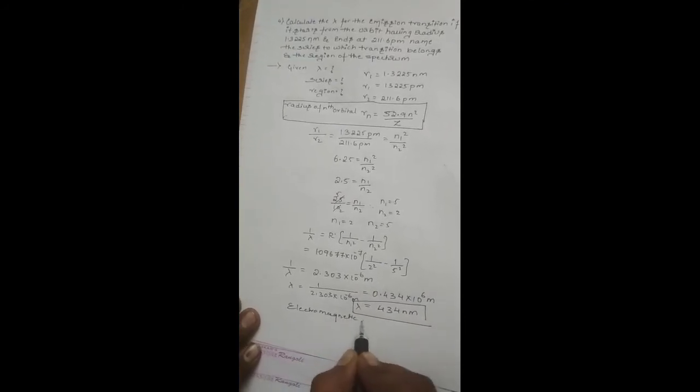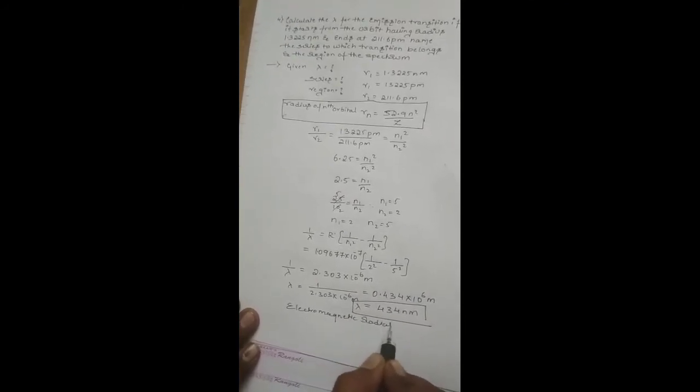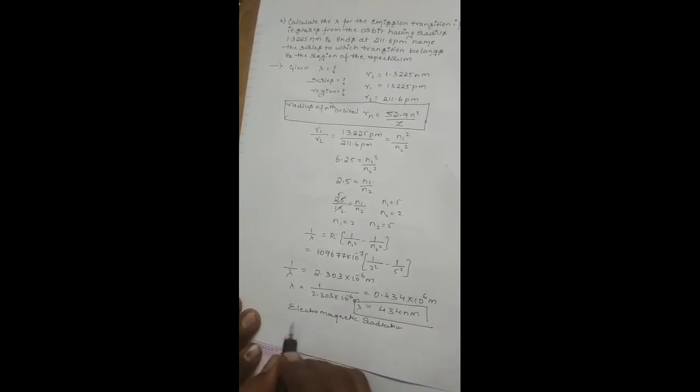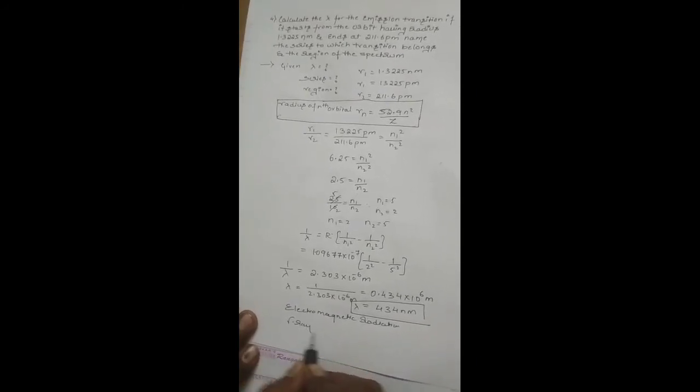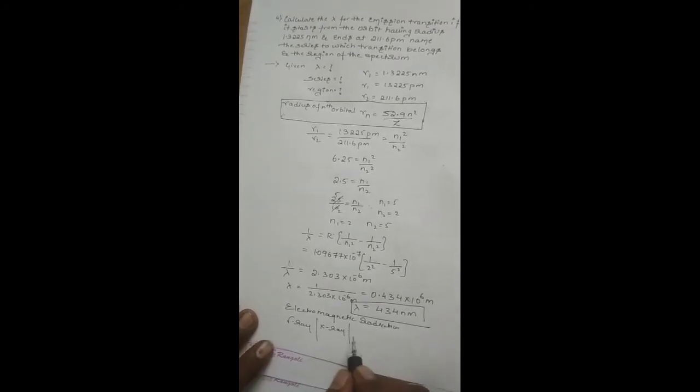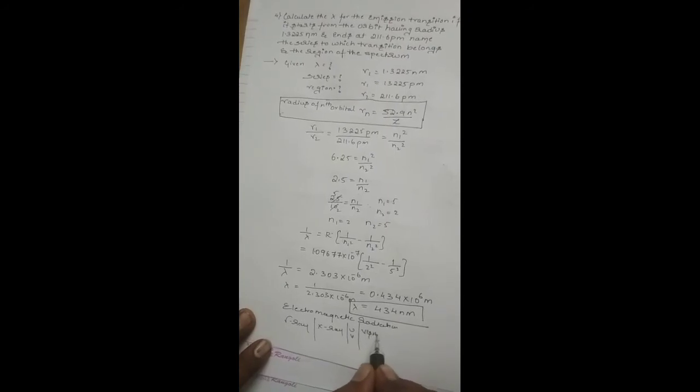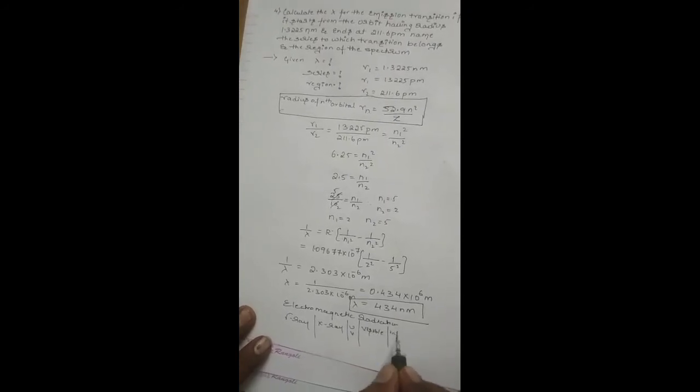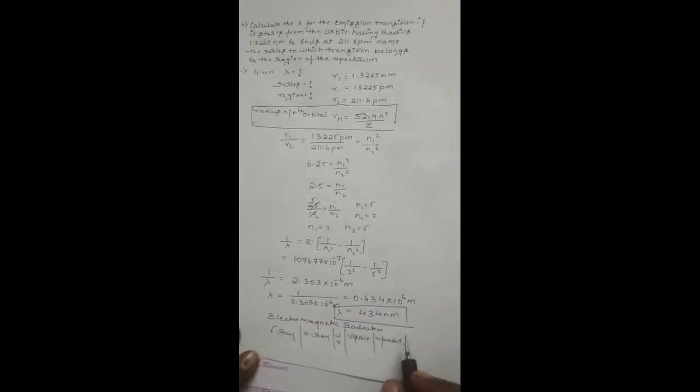I explained that gamma rays, X-rays, UV, visible, infrared. The visible region is 400 nanometers to 750 nanometers.